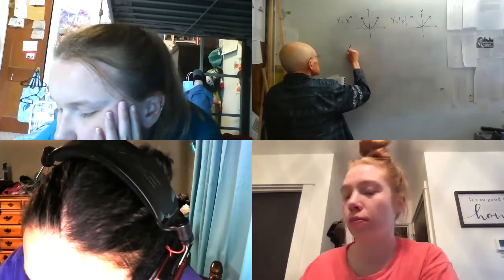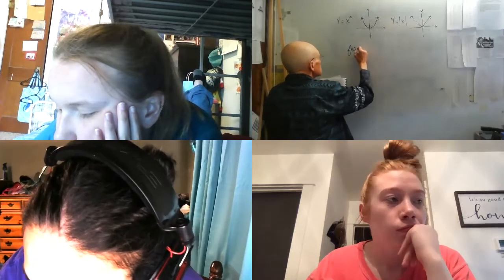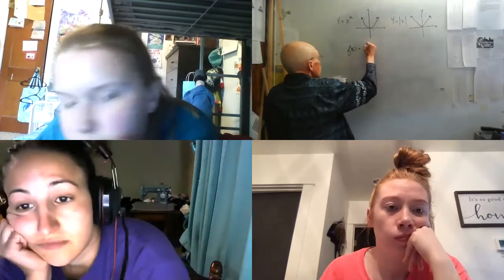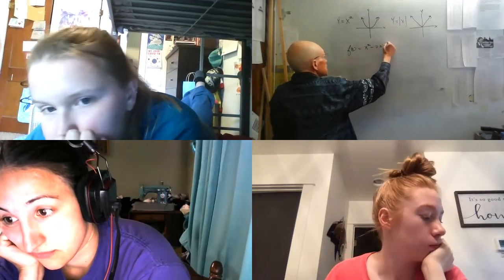F of x equals x squared minus 2x minus 8. Well, first of all, the domain's all real, so we can see that. But we need to get this in factored form.